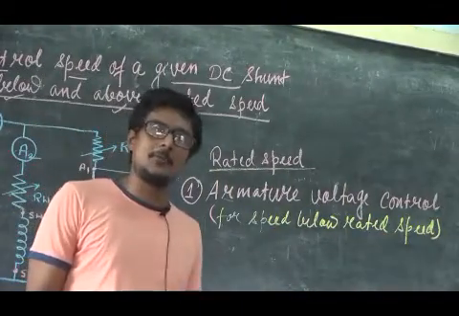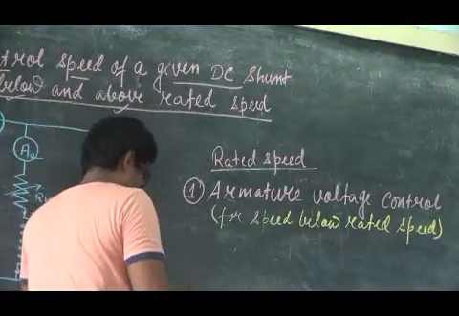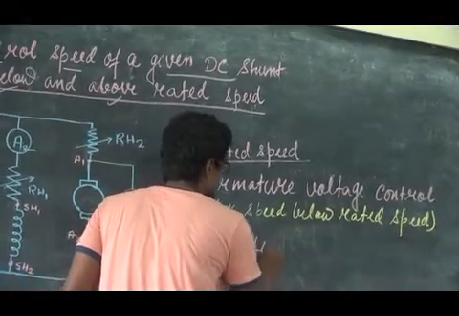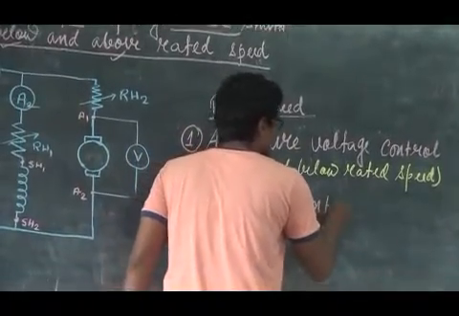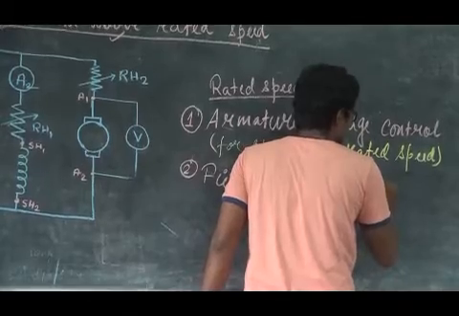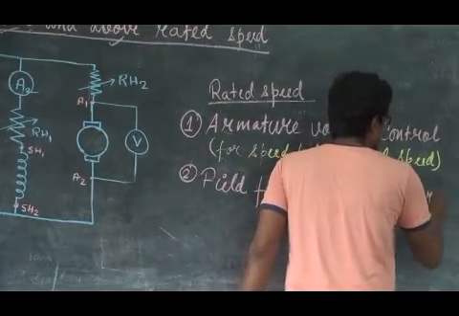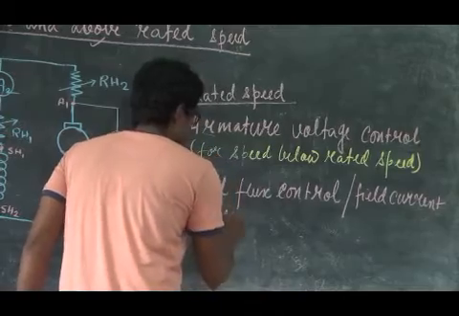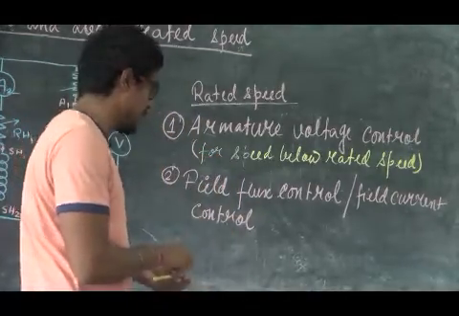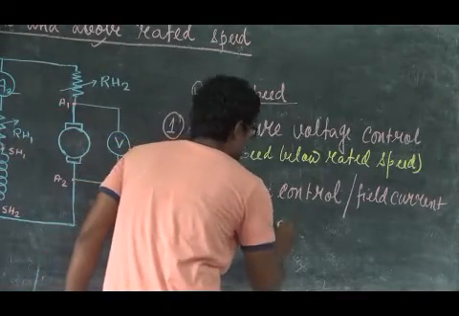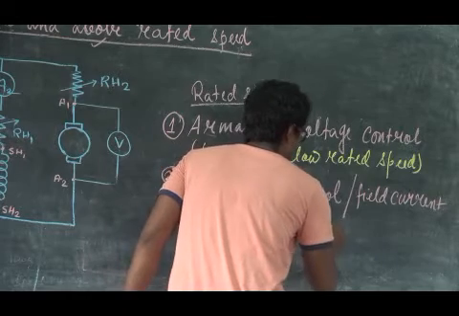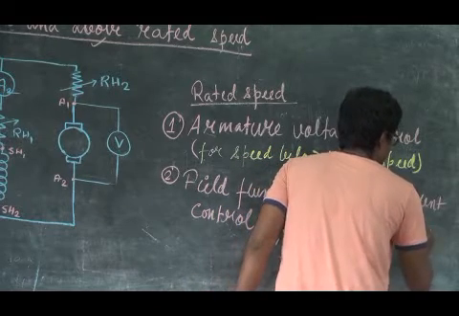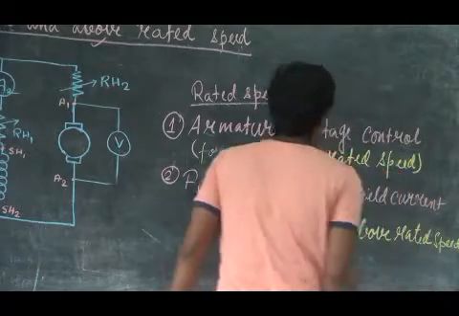To achieve speed above rated speed or normal speed, we shall be performing field flux control, or field current control.